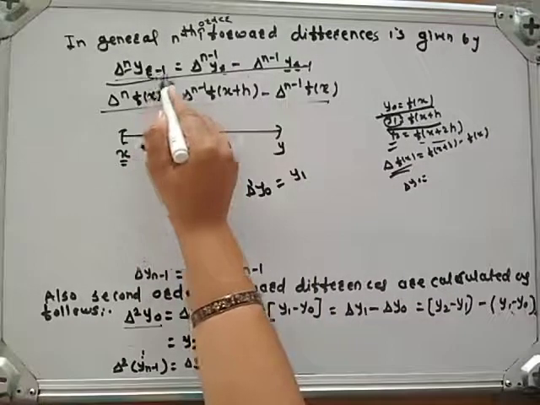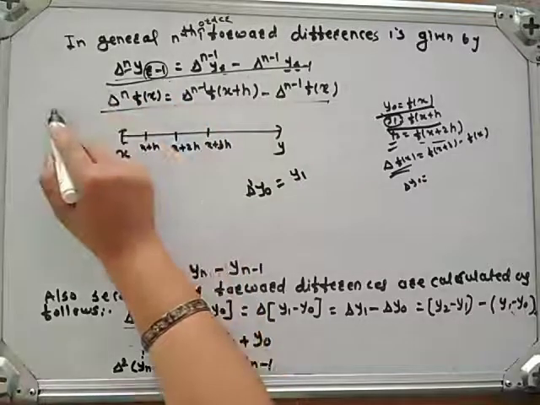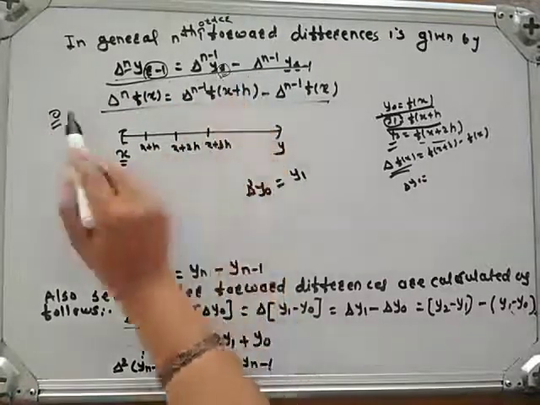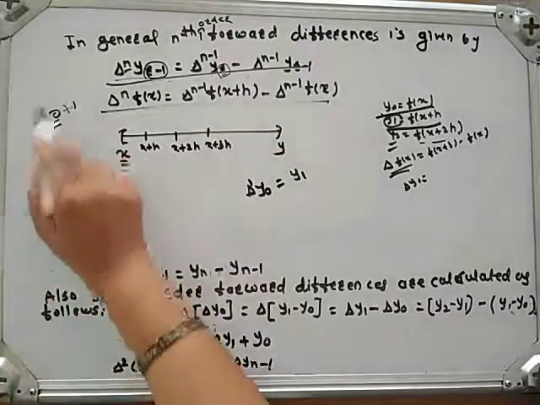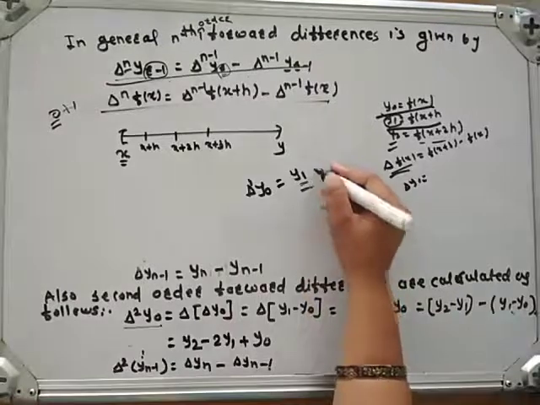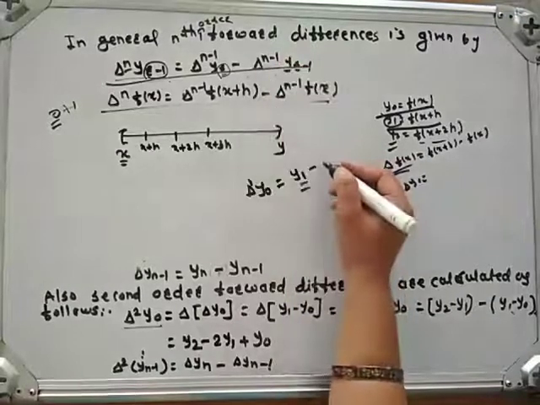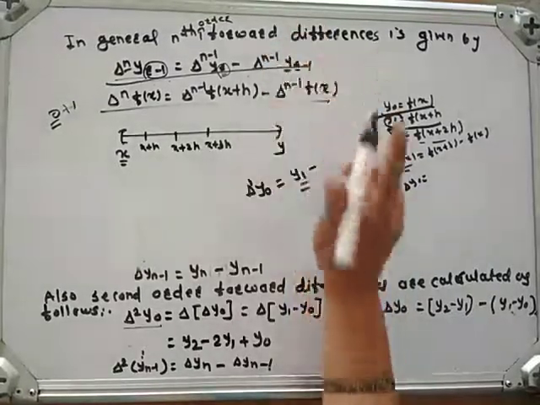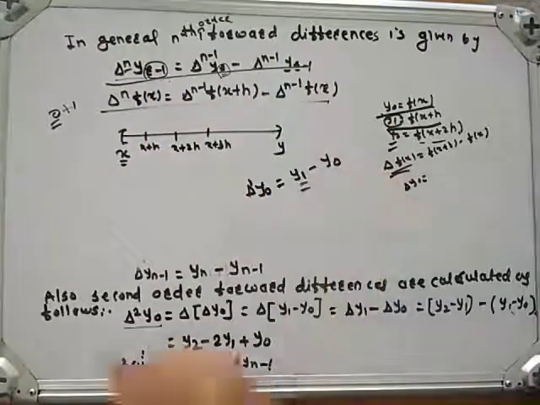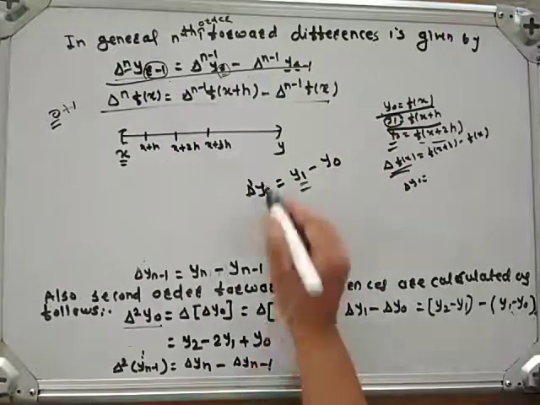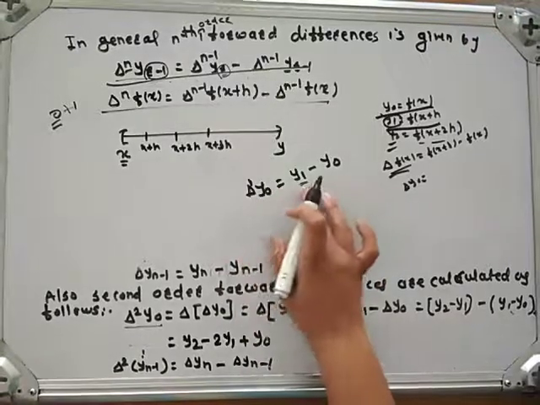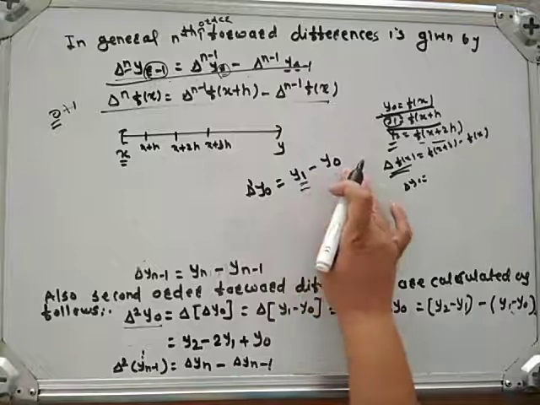Here we have taken r minus 1 is 0, here is r, so we add 1 to that 0, it becomes y1, minus delta raised to 0, again 1, here y(r-1) which is y0. This is delta y0, and delta y0 is y1 minus y0.